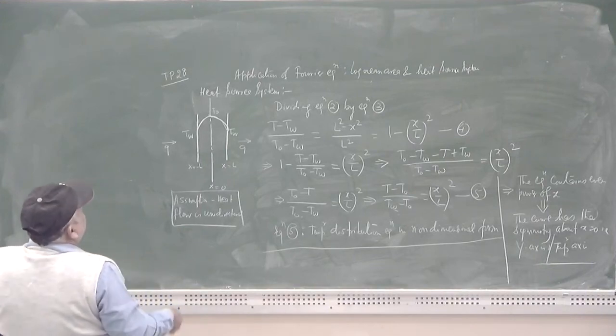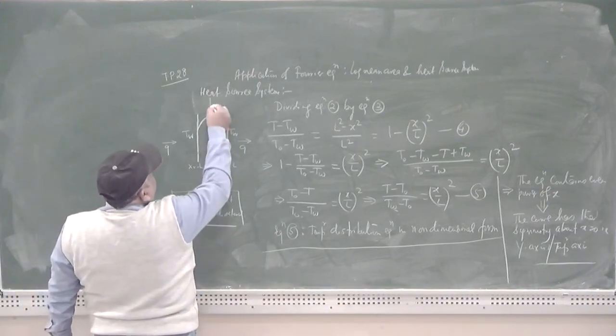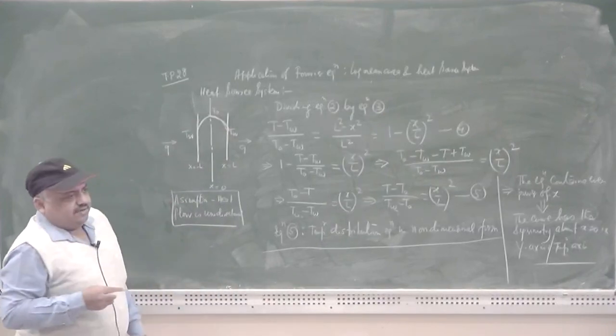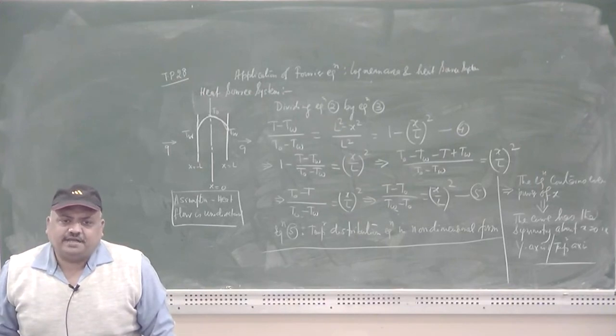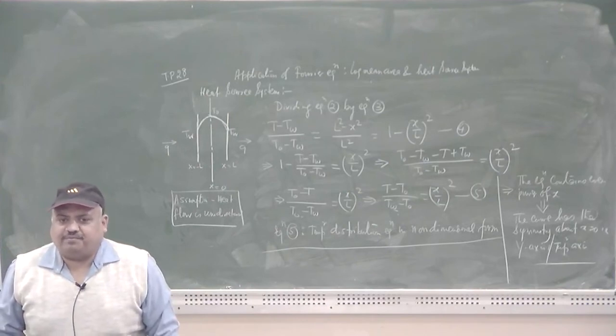Now, so far as the evaluation of this mid-wall temperature T naught is concerned, you can arrive at this mid-wall temperature in some alternate way as well. What should be the alternate way in order to arrive at the mid-wall temperature?